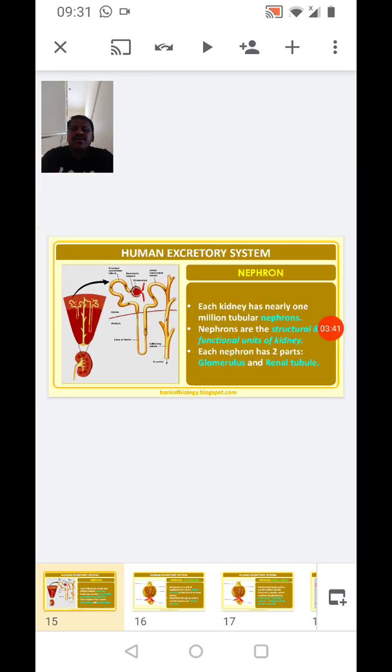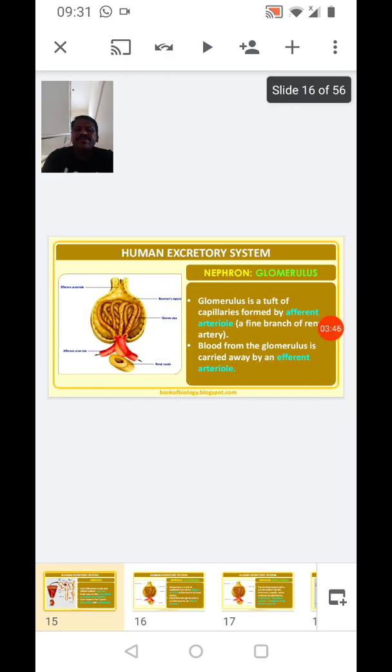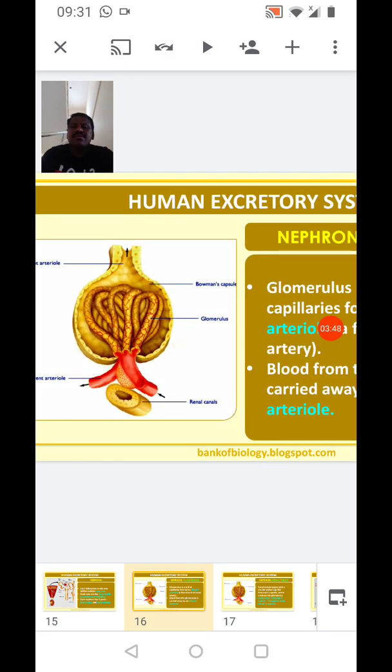We will see one by one. First we will see the glomerulus. This is the glomerulus. Here the glomerulus is composed of two parts. Number one is a group of blood capillaries which are known as glomerulus.